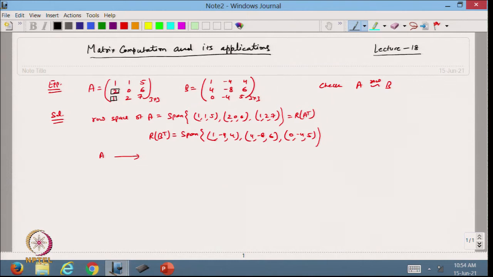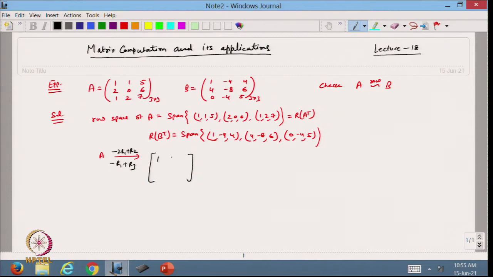So, I will try to make these two elements 0. So, I will take minus 2 R1 plus R2 and minus R1 plus R3. I am just taking a linear combination, scalar multiple and addition. So, that we are going to take.